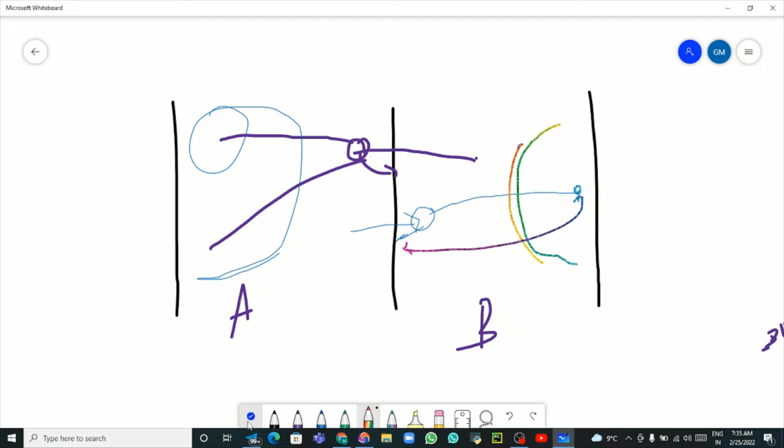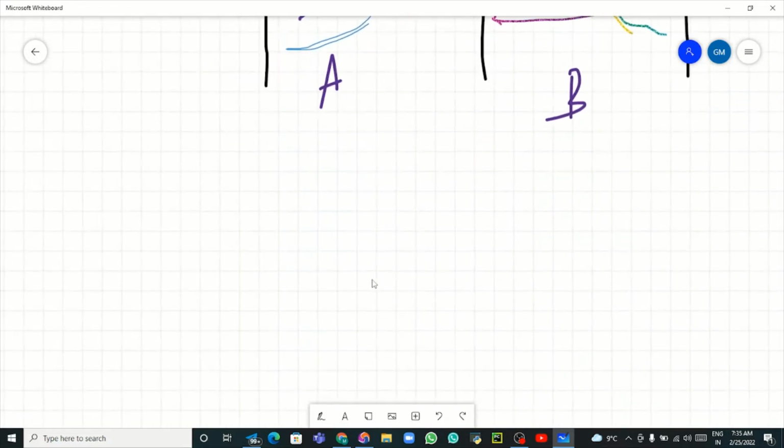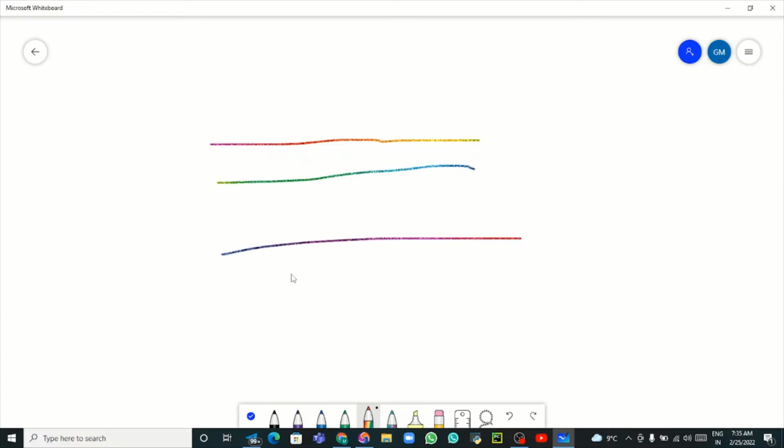Now what is the correlation of this example with our trading system? As I told you, there are only 4 lines. Now what is the first opportunity we have? The first opportunity is with the day time frame.